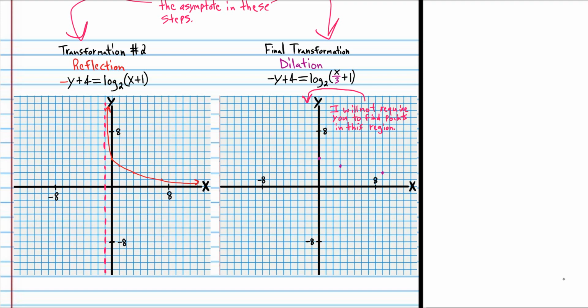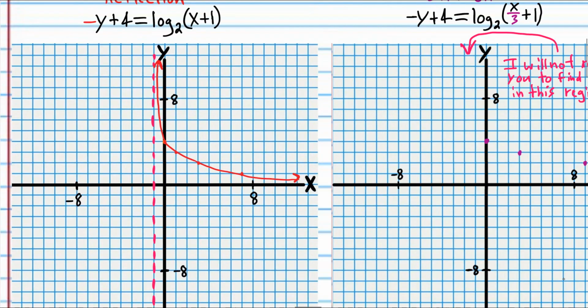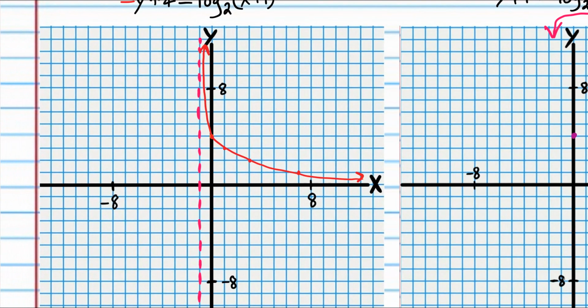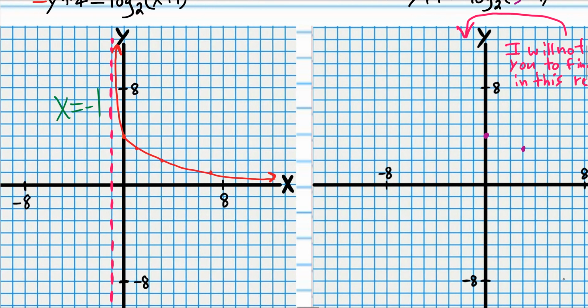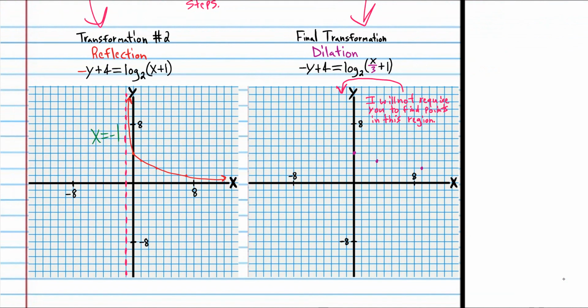Now I didn't mention the asymptote. This asymptote here is x is equal to actually negative 1. Sorry. So if we multiply that by 3, we get x is equal to negative 3 for the new asymptote.